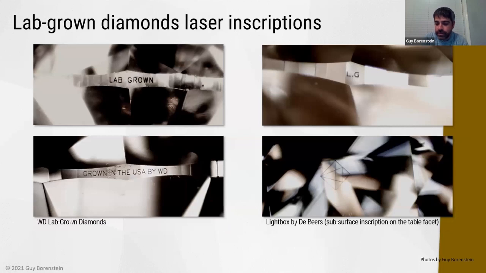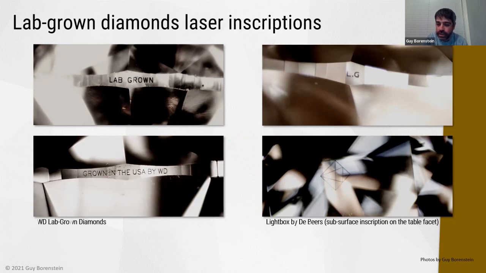So, as I mentioned, do not rely on laser inscriptions. They can be forged, they can be erased, etc. Still, if you see an inscription inside, some of this inscription can lead you to an assumption, or at least direct you to the next estimate.